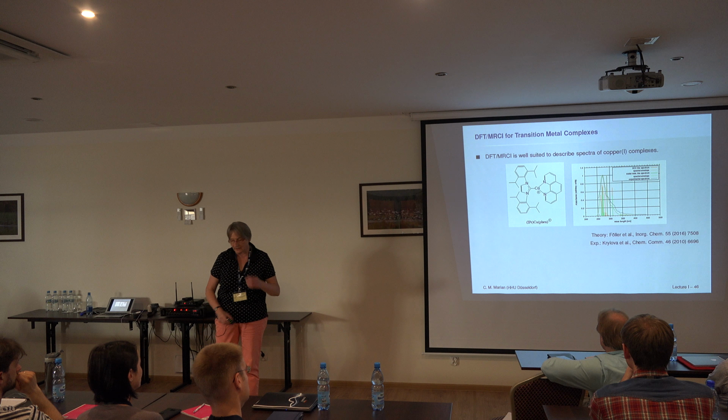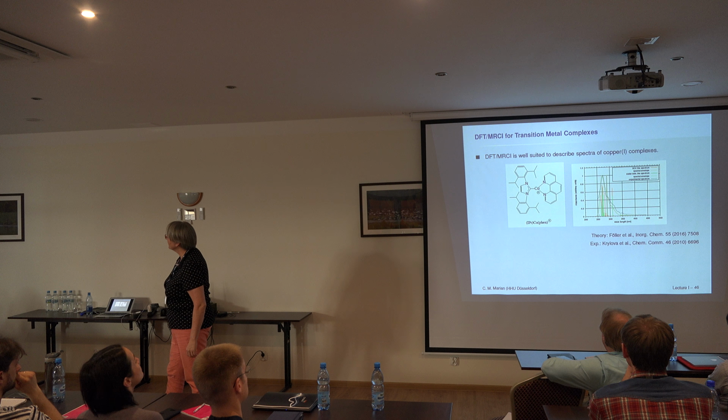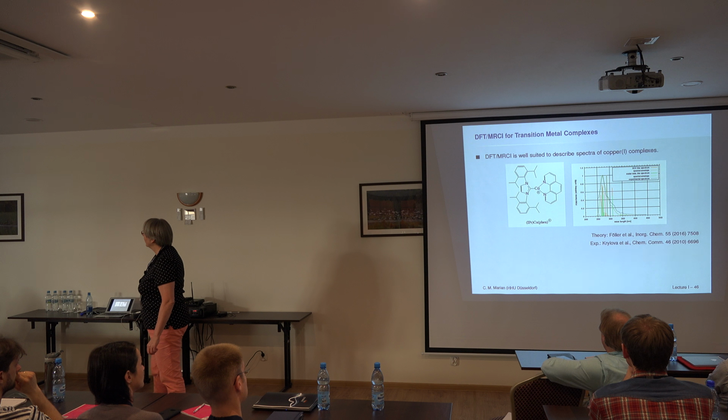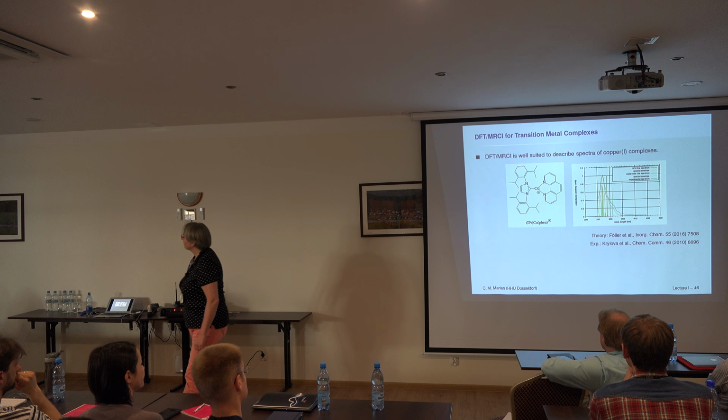And what can you get from these kind of methods? What I show you here is a typical complex, which you could also have. In this case, it's a phosphorescent copper complex. You have a phenanthroline here, a copper, and an N-heterocyclic carbene.